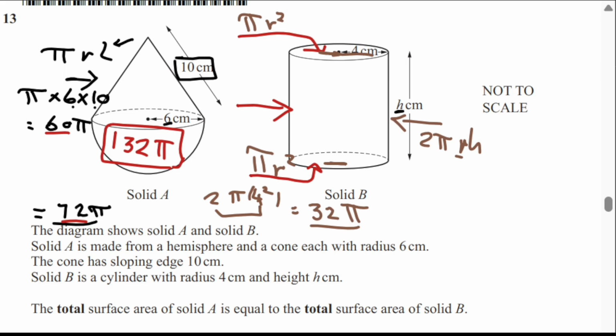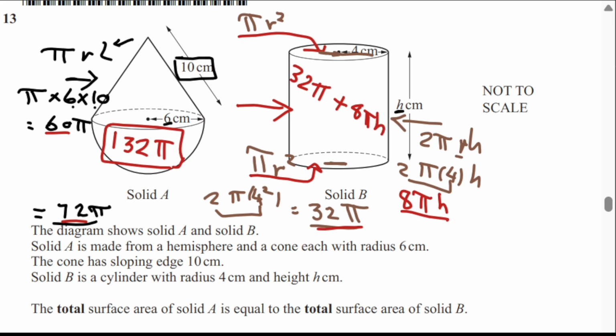It's going to be 2 pi times 4 times h. 2 times 4 is 8, so it's 8 pi h. Now let's add these two: 8 pi h plus 32 pi. So it's 32 pi plus 8 pi h. This is the surface area of this shape.